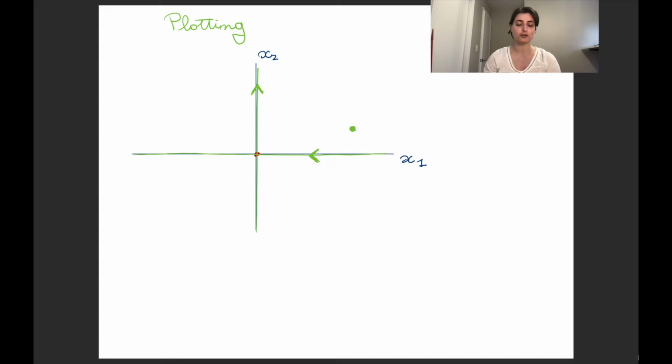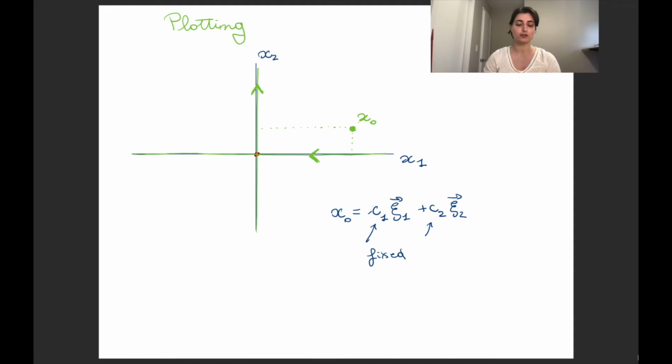Now that we have an indication that everything on the horizontal axis is moving towards the equilibrium, everything on the vertical axis is moving away from the equilibrium, what is happening to a point that is not on either of the two axes? Well, x0 will be a sum of both eigenvectors. It's a linear combination of the first eigenvector and the second eigenvector.